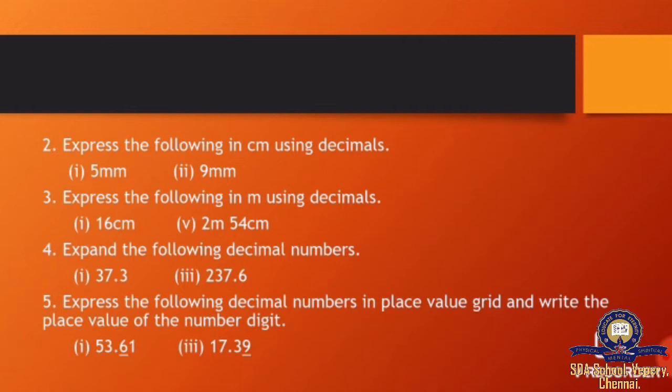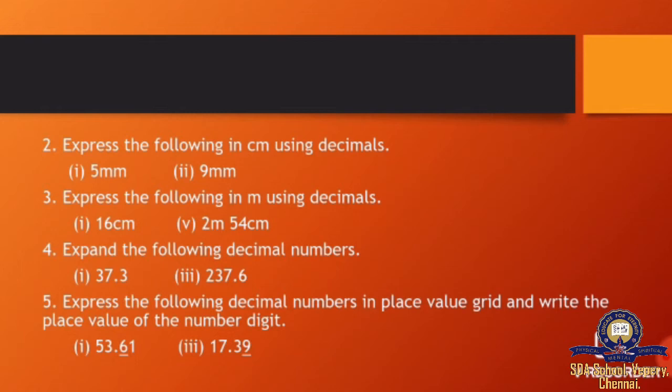So here they have given the expression in millimeter. We need to change the expression into centimeter using the decimals. For that we already know that 1 millimeter is equal to 1 by 10 centimeter. So by using the decimals, 1 millimeter is equal to 0.1 centimeter. Using this, you need to change the expression of millimeter into centimeter.